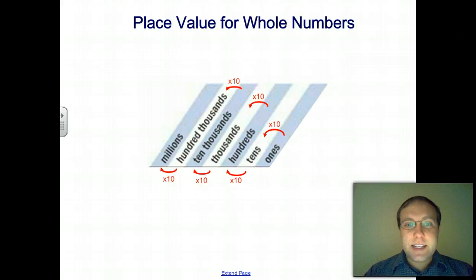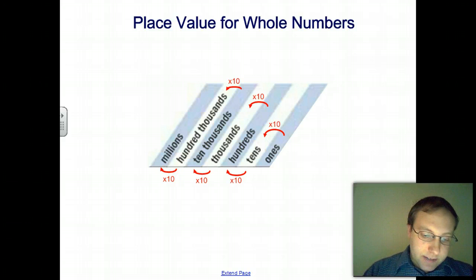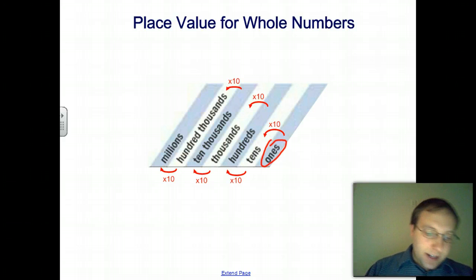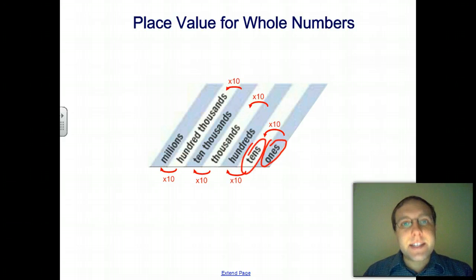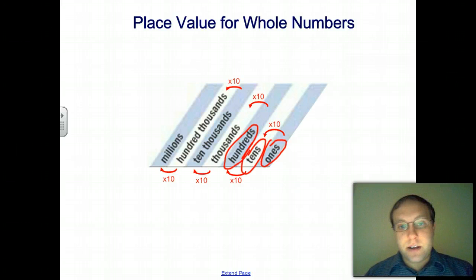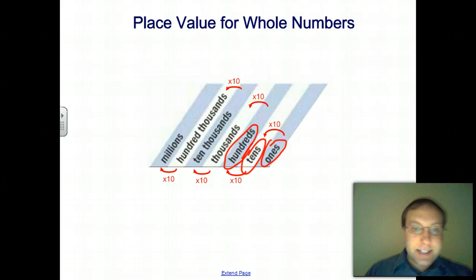Now we can see in this graphic here and understand that our place value system is in fact based in 10, because when we start out with our basic unit, which is ones, we reach 10 ones, we add another unit to the tens column because there are 10 ones for every 10. Similarly, if we reach 10 tens, we start adding to the hundreds column because every 100 represents 10 tens.